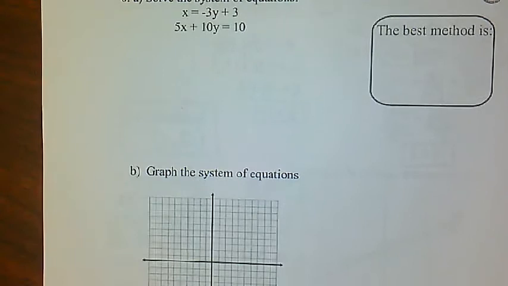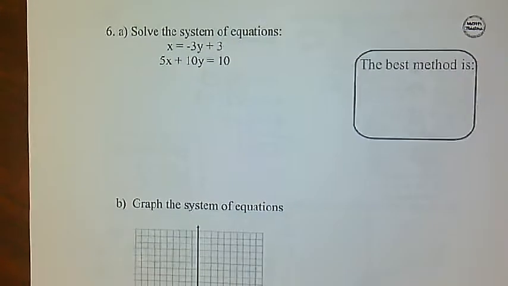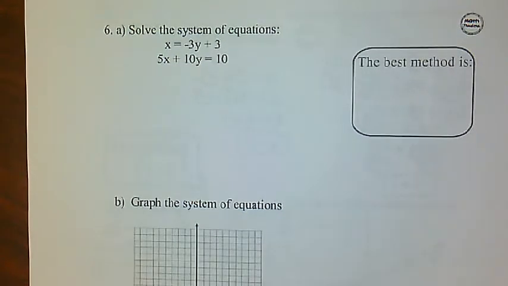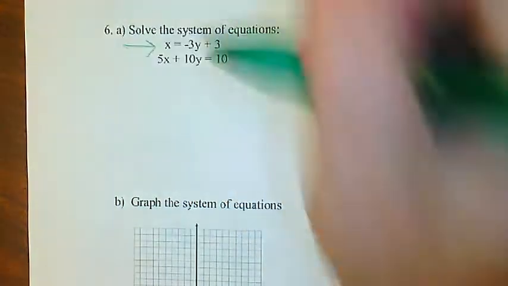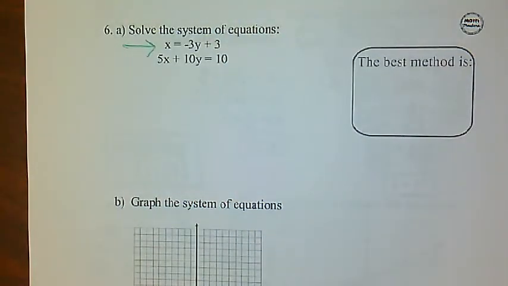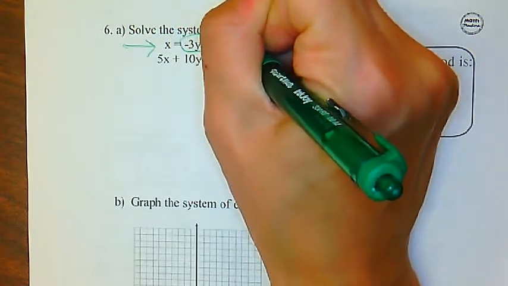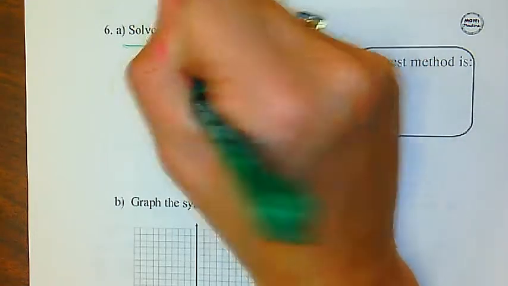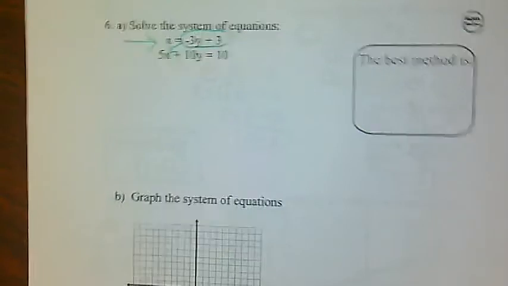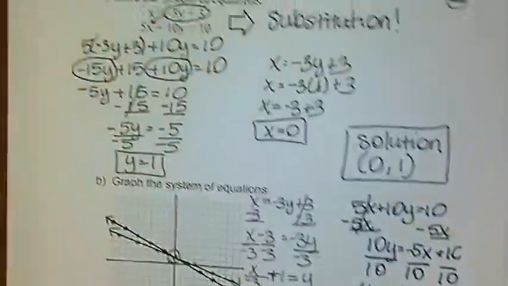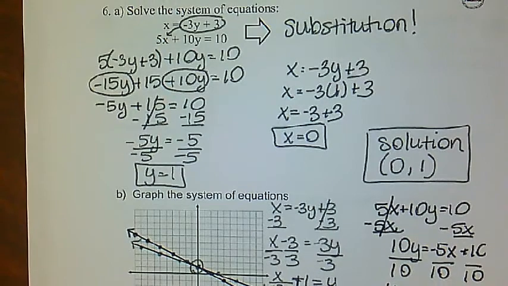All right, another substitution example. Remember, when one is solved for a variable, that should shout out to you substitution. So we take this negative 3y plus 3 and substitute that in. When I do that, my solution is (0, 1).